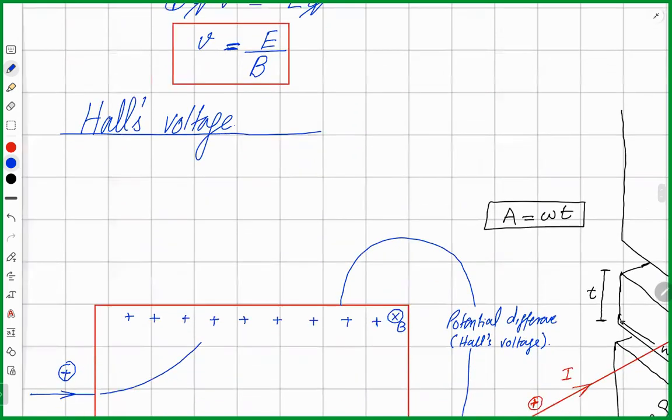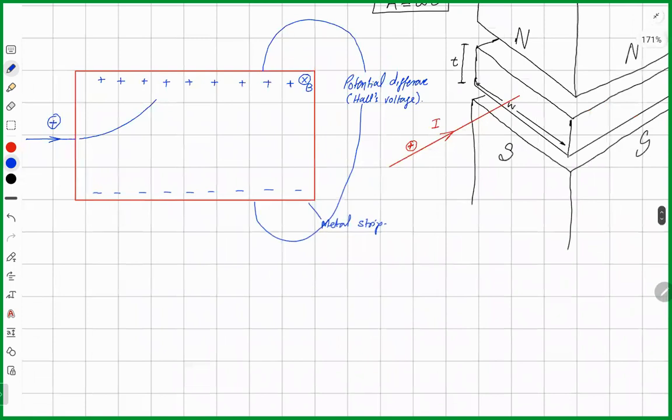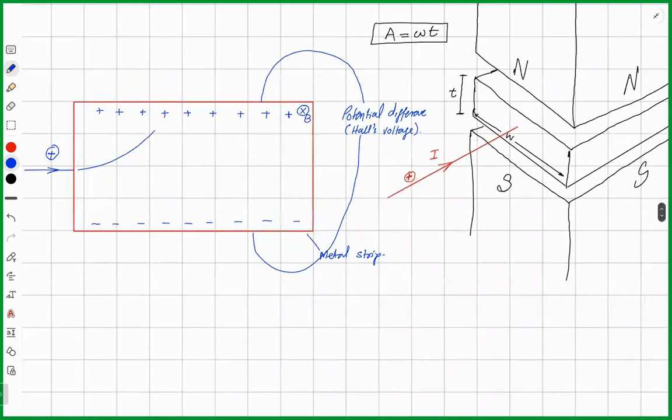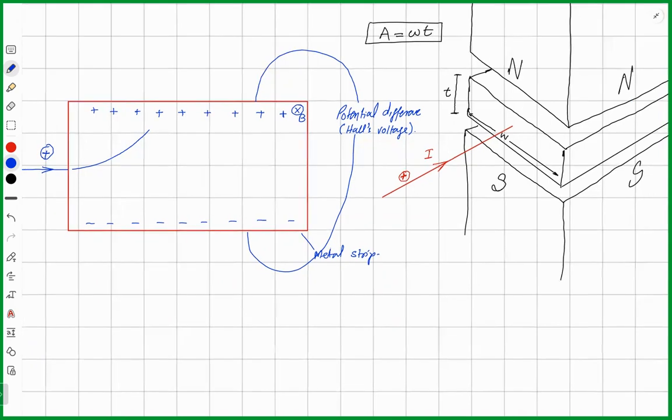When a charged particle goes through a conductor in a magnetic field, it experiences force, and one side of that conductor becomes positive, the other side becomes negative. This will produce a potential difference across the sides of the conductor. This potential difference is known as Hall's voltage.